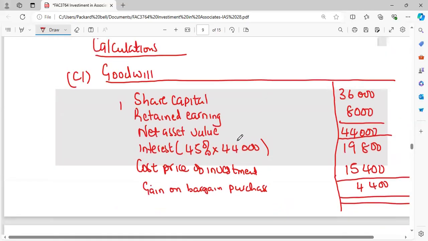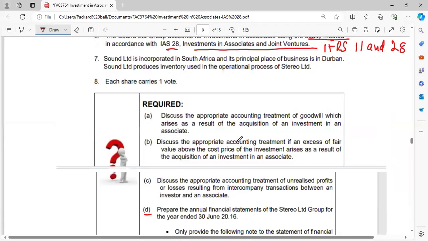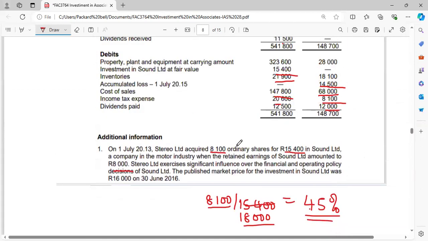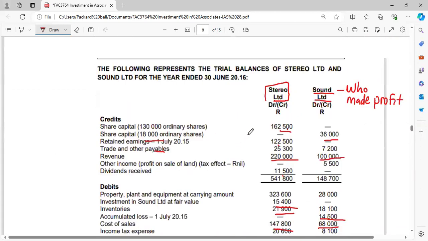Are you getting what I'm trying to say? Yeah, it's understood. You just look at who made profit. If the associate is the one who made profit, there is no need for you to adjust the tax effect in the consolidated profit and loss, because we only take line items of the investor to the profit and loss. 100% of line items of the investor are taken to the profit and loss and the statement of financial position.